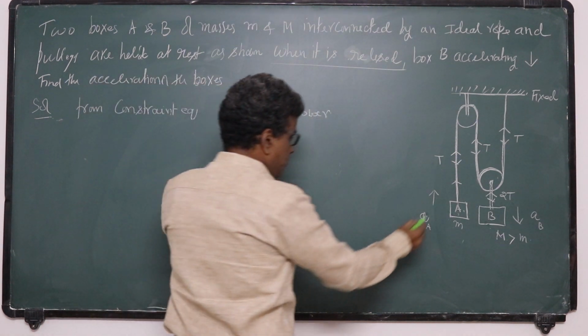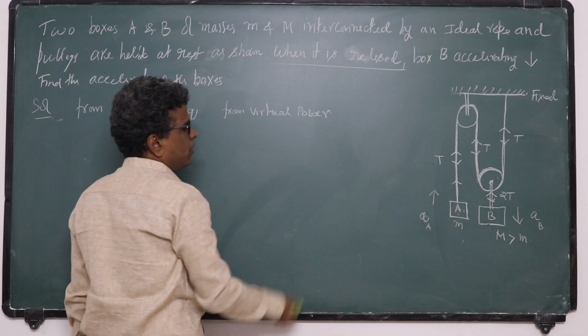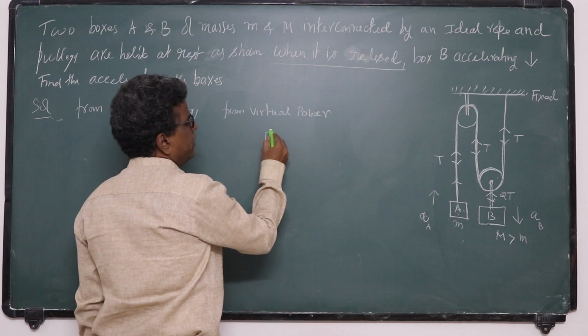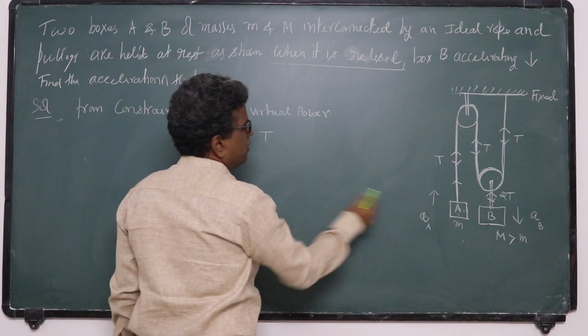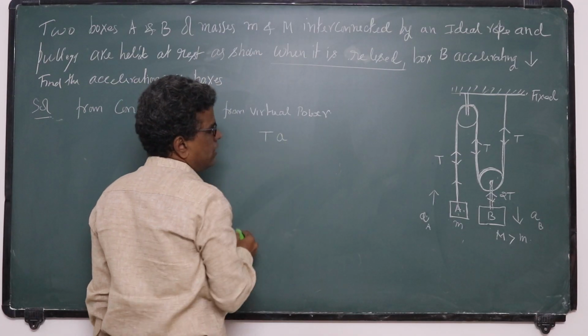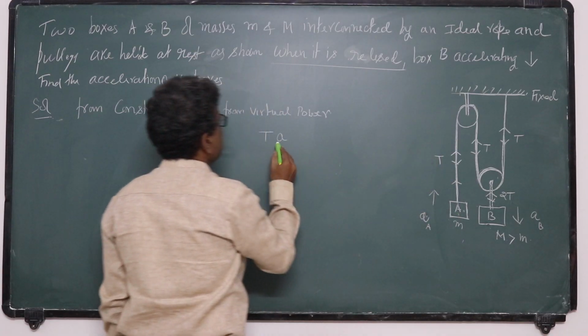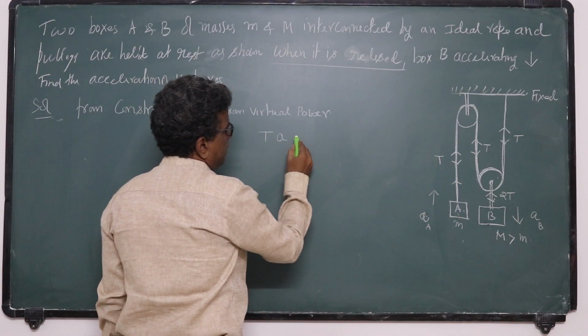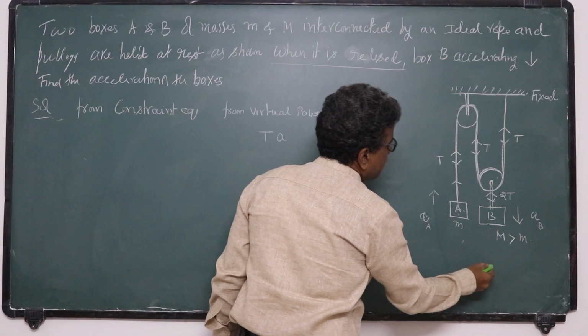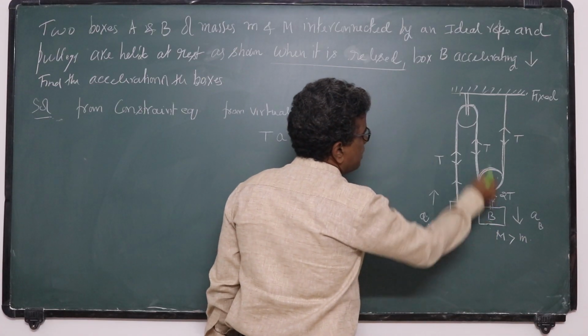Power is F into V, or if you accelerate, that is T into acceleration of A, and both are in the same direction, so you take it as positive, and here it is moving down, tension acting on it is up.